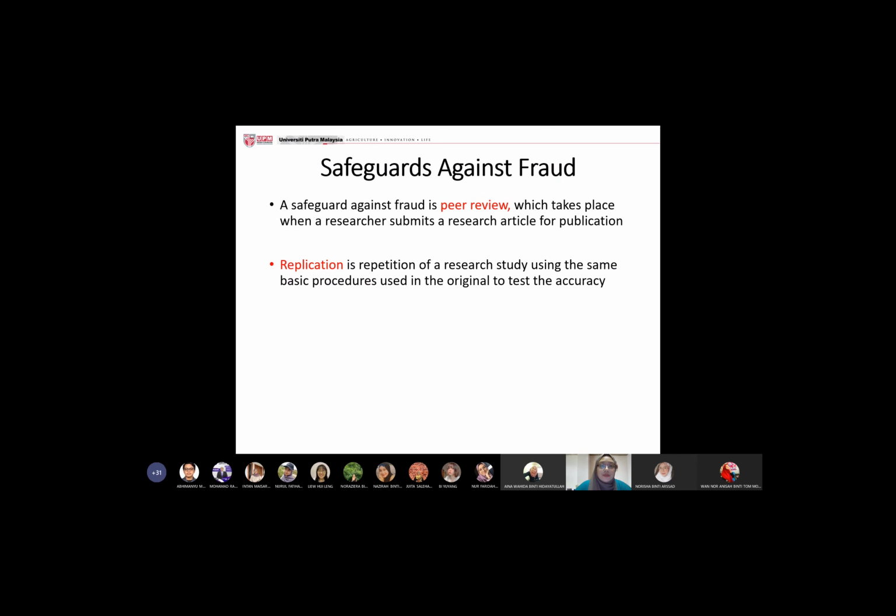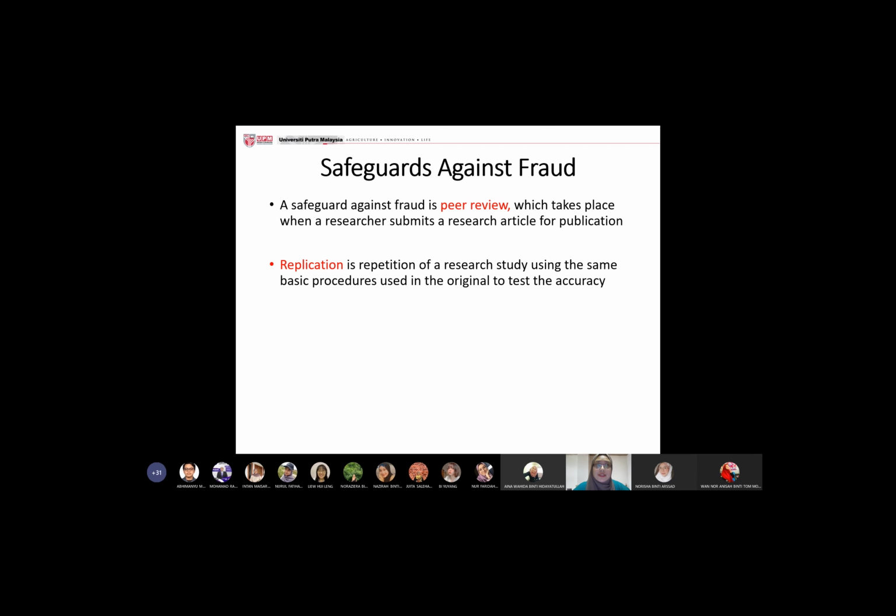Now the next one, safeguards against fraud. This is basically the systems in place to safeguard against fraudulent activities.